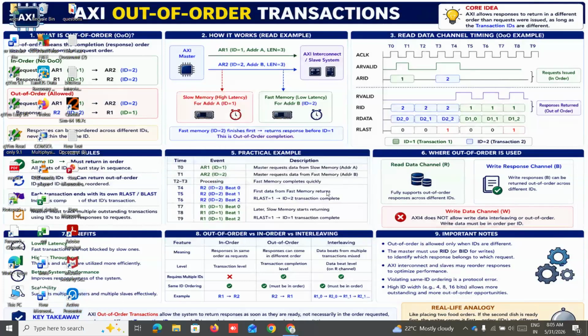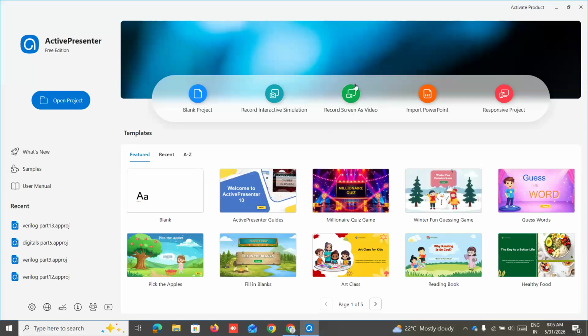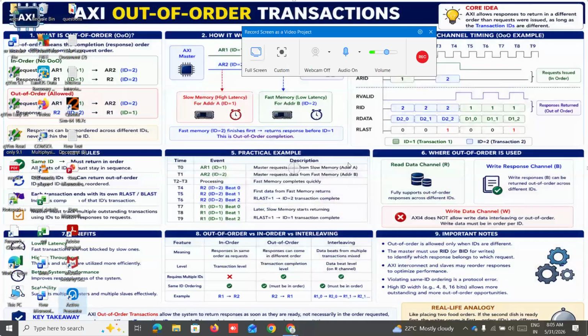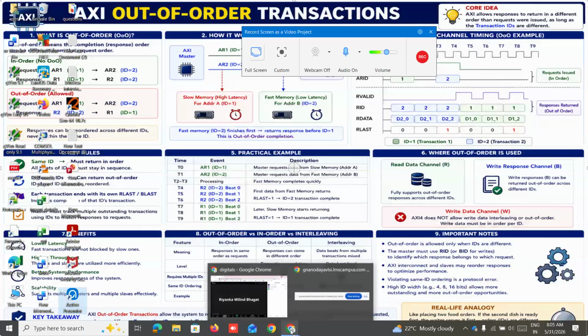Parallel adder and subtractor, they will be added together. Then what else? Combinational circuits related to decoder, encoder, comparator, and then multiplexer, demultiplexer.